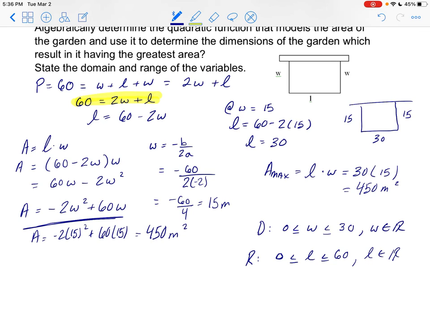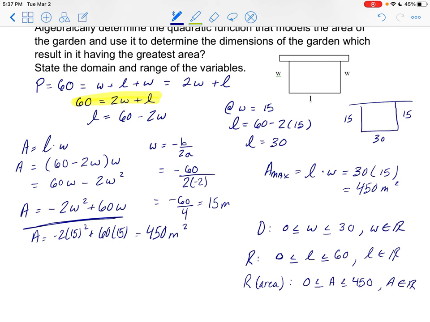If we want to talk about range really, I guess we should talk about the range on our area, because that's what we wrote our equation for. The range on area would be, of course, if either the length or the width was 0, we'd have 0 area. So I'm going to say A here, and we just calculated a maximum of 450. And we can have everything in between.